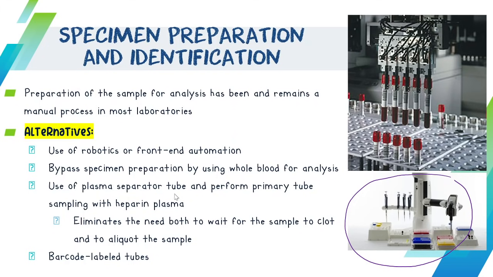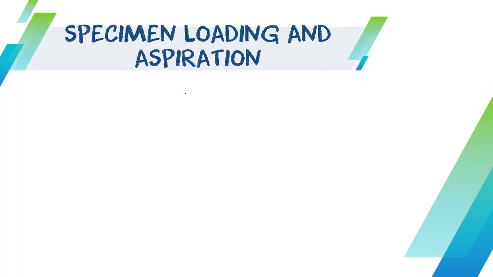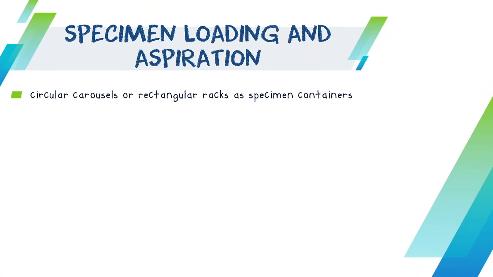So, kanina siya. And then, of course, your robotics with barcode labeled tubes na agad-agad, scanning na lang, and then transport na dayon sa inyuhang mga samples to its designated sections. So now we go to your next step, your specimen loading and aspiration.